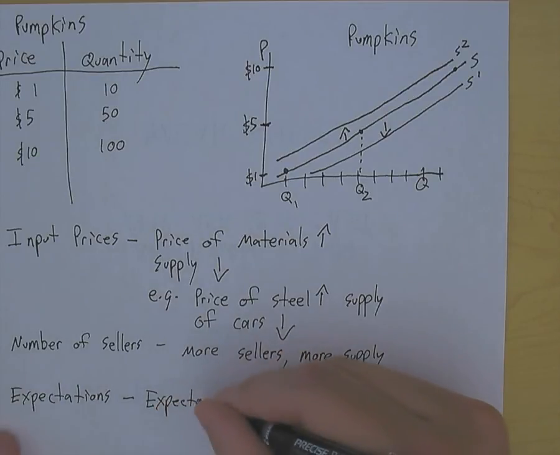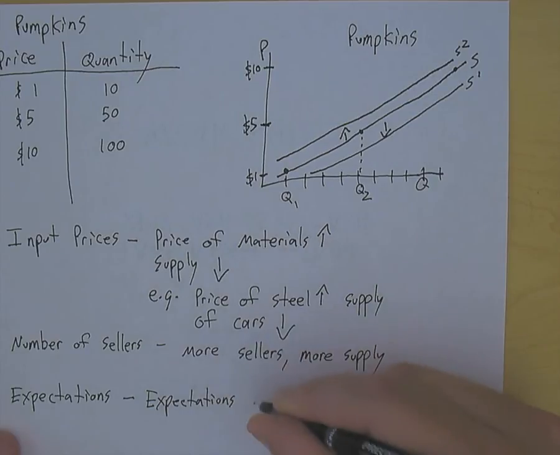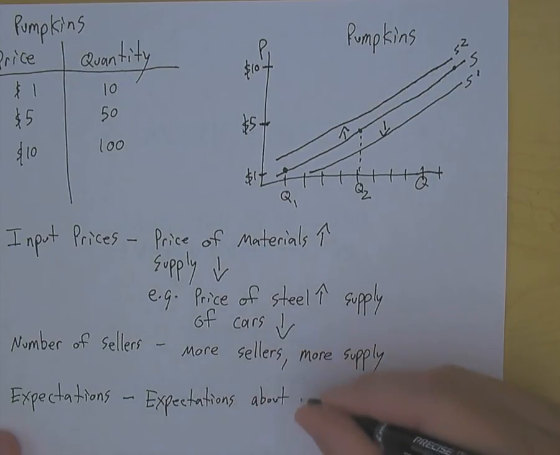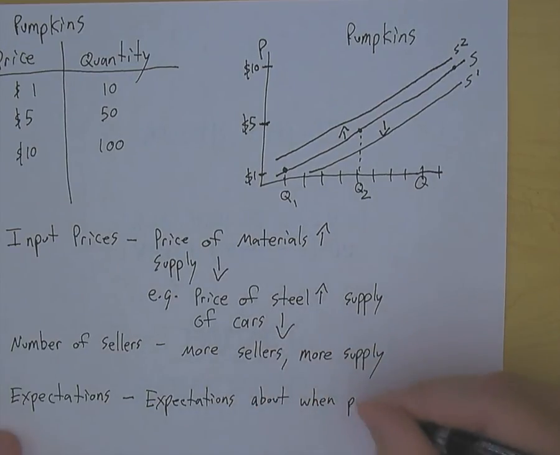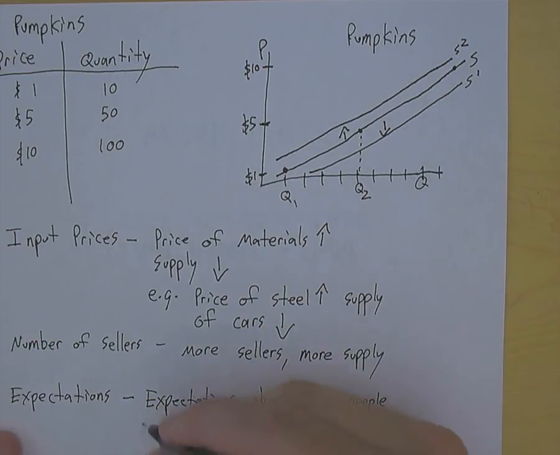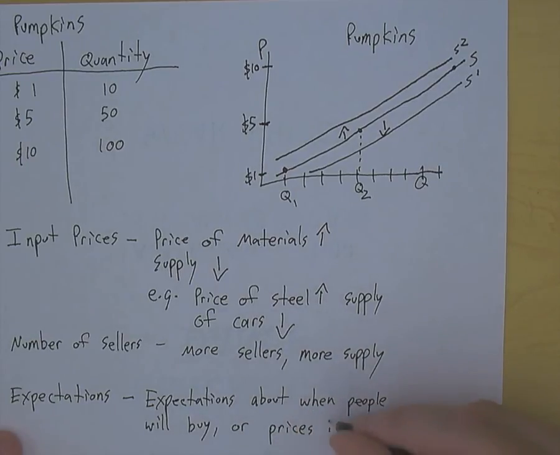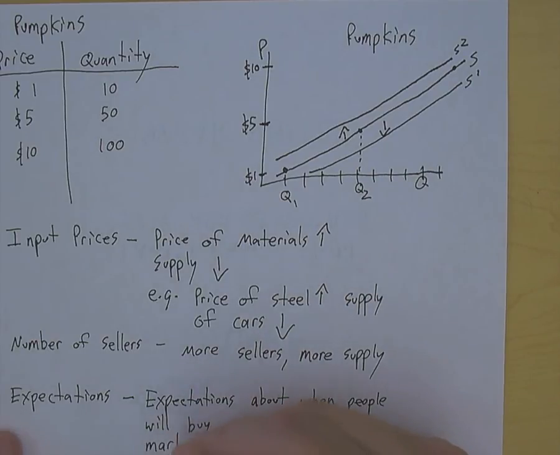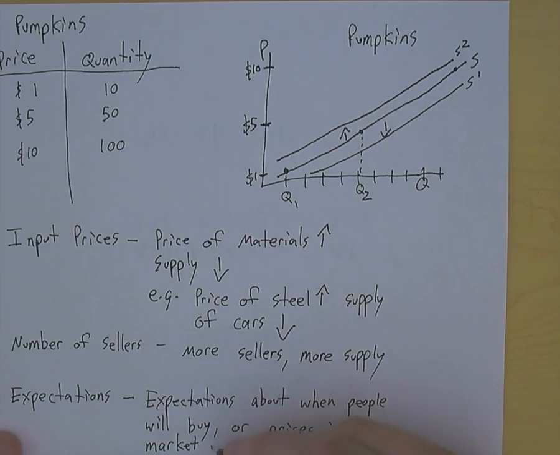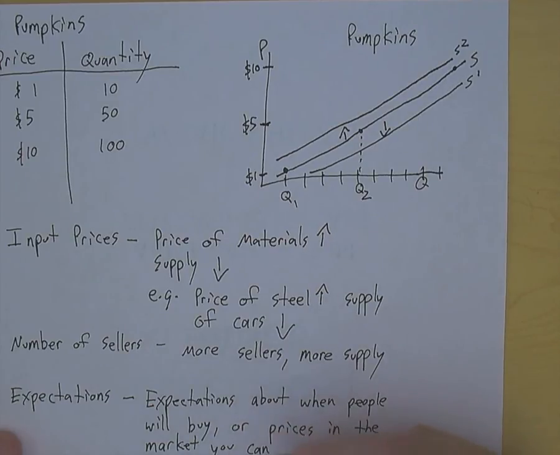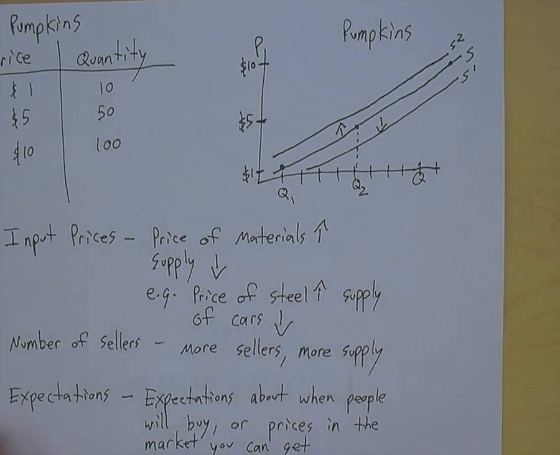Expectations about when people will buy, or prices in the market that you can get. And you'll change your supply as a result.